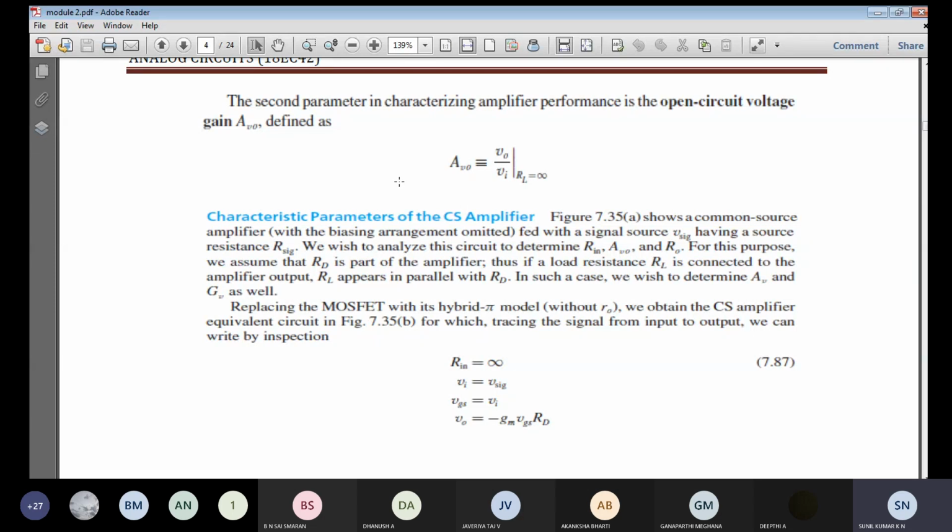So AV, AV0 as well as GV. AV is the circuit voltage gain, AV0 is the open circuit voltage gain, GV is the overall circuit voltage gain.